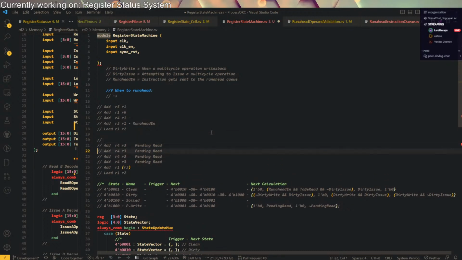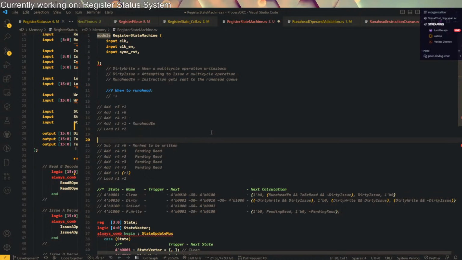All these are in the run ahead because they're all waiting. Then if I were to do a sub or 3, that would stall. Well, this would be marked to be written and then pushed, so then you could have more.